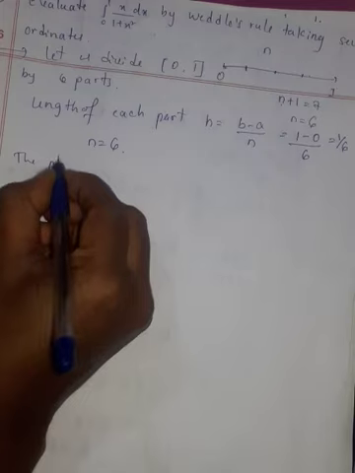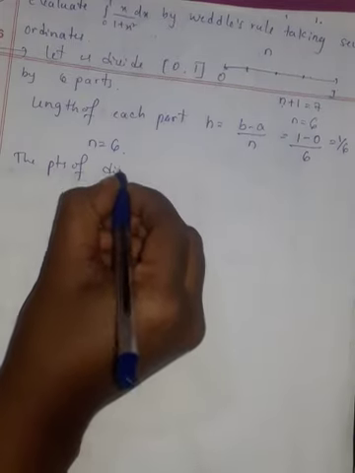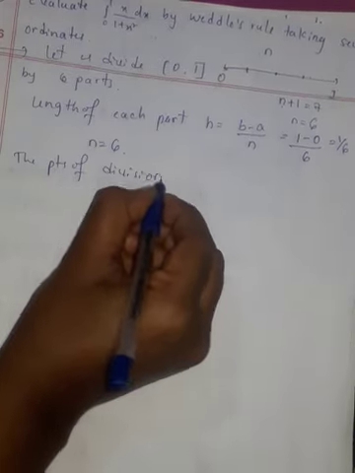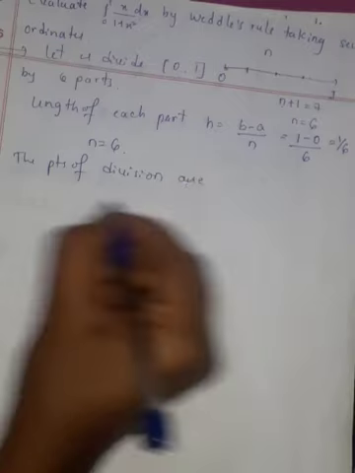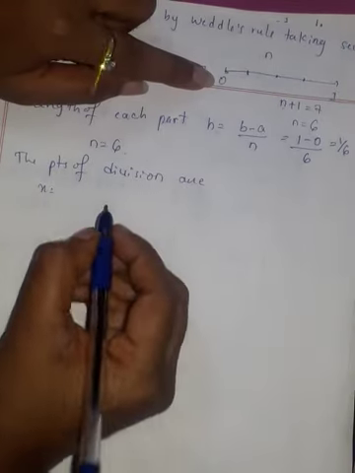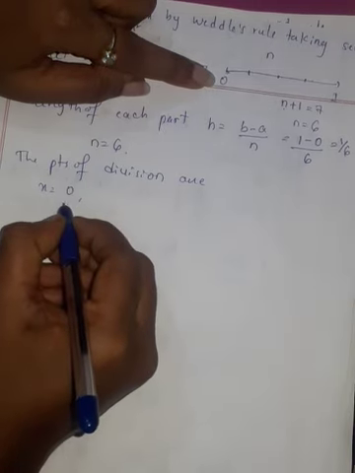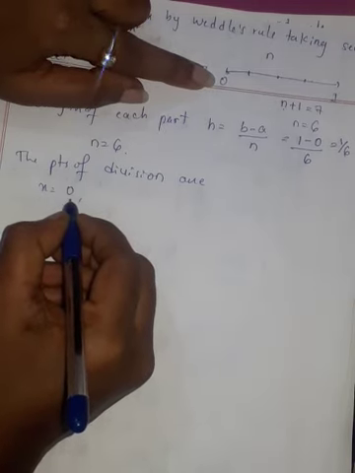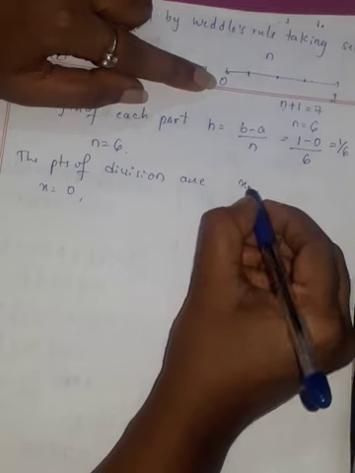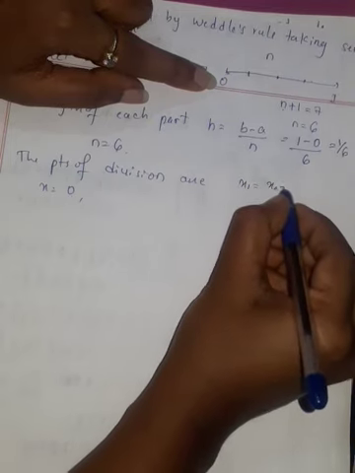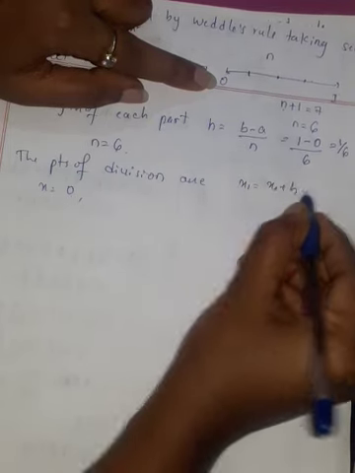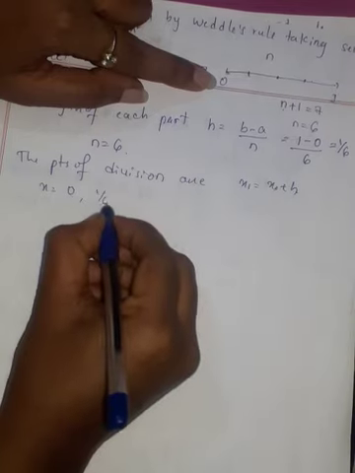Therefore the points of division are, that is, x. First it is 0. Next, because x naught is 0, the first point is x naught, 0. Next, x1 is x naught plus h, 0 plus h, 0 plus 1 by 6.